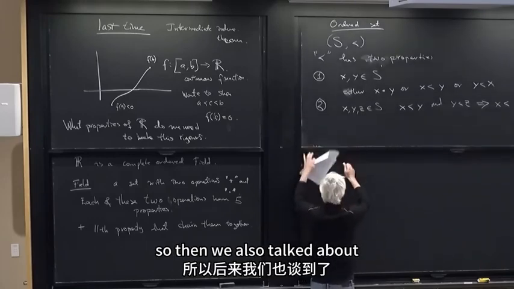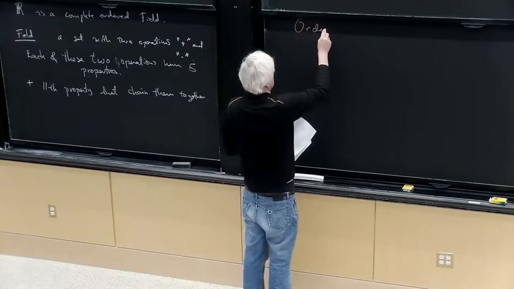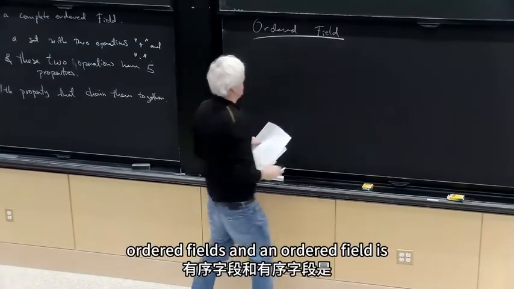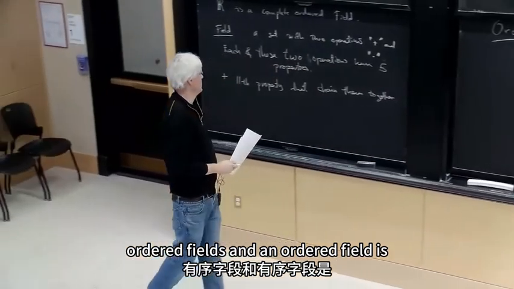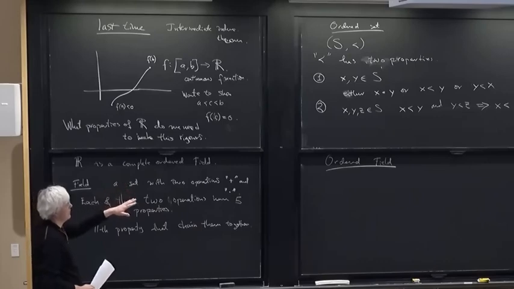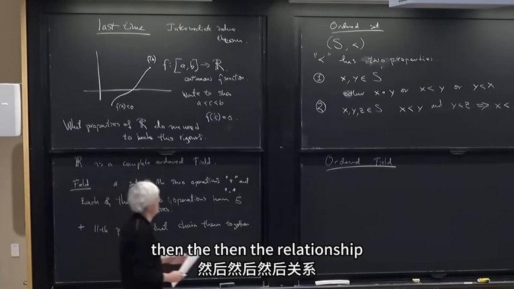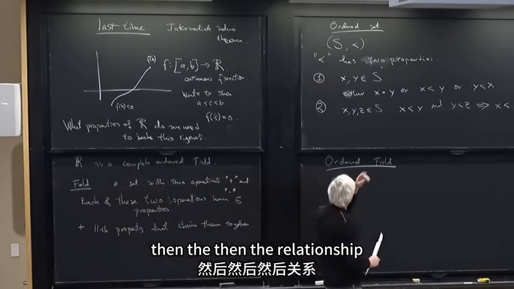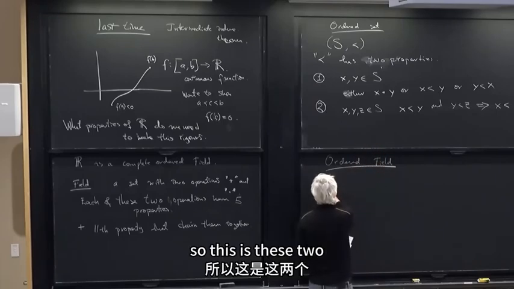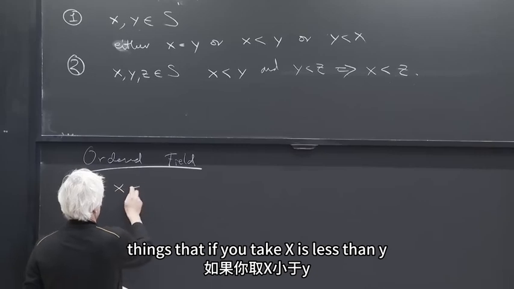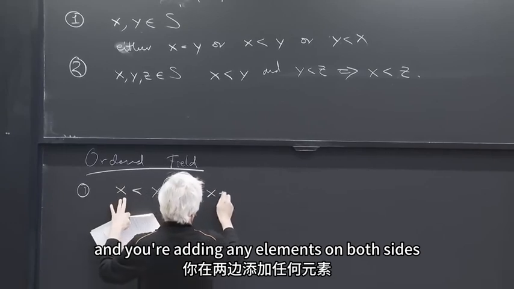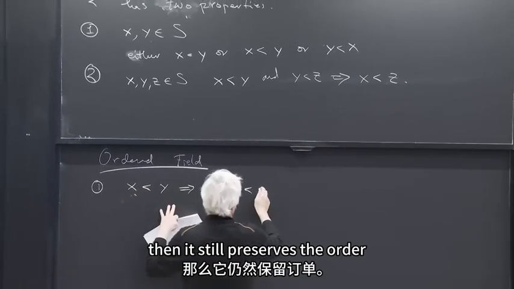An ordered field is a field that is also an ordered set, and then the two have to interact. The first is that if you take x less than y and add any element on both sides, it still preserves the order.